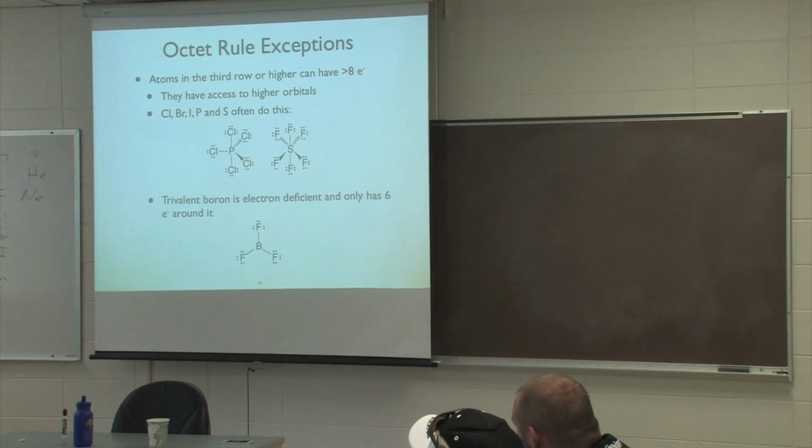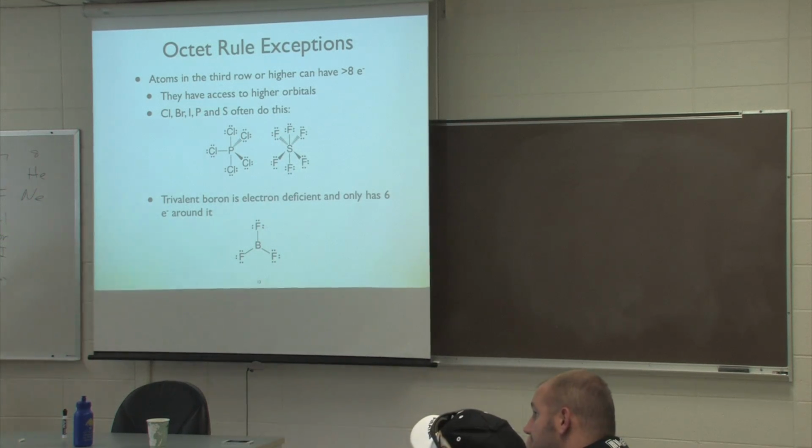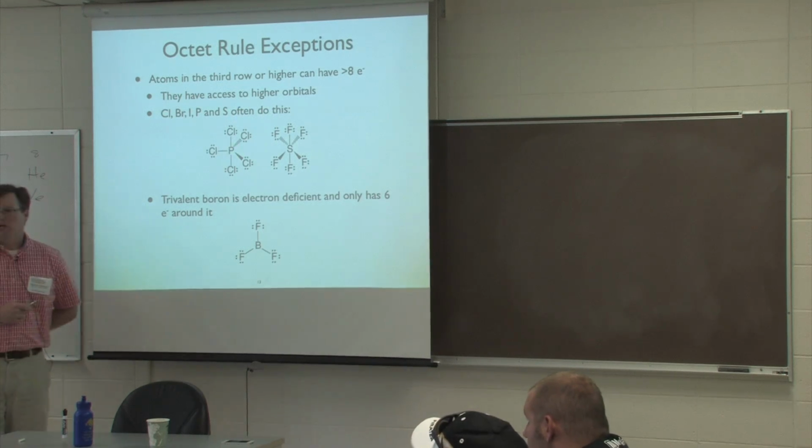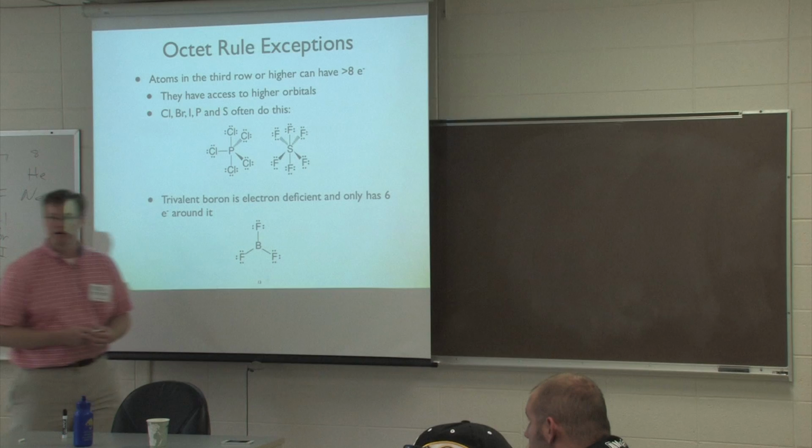Why is that? Well, they're small atoms and they can't really access higher orbitals. But when you get to the third row, atoms like chlorine, bromine, sulfur or phosphorus, these are larger atoms. They have access to higher orbitals where they can put these extra electrons. So we'll often see, say, phosphorus drawn with 10 electrons around it.